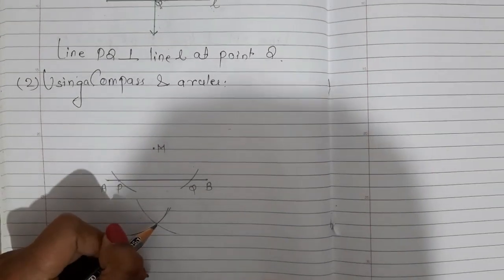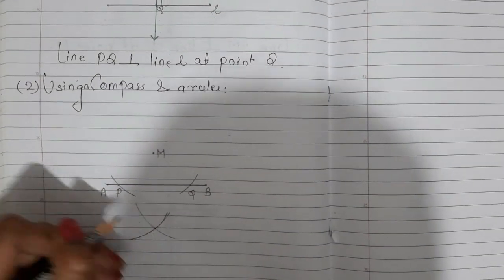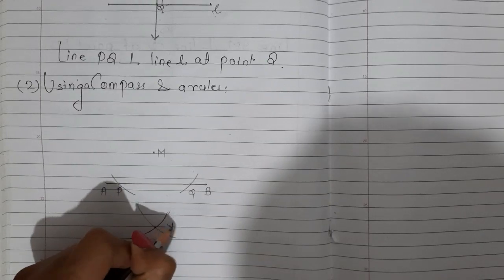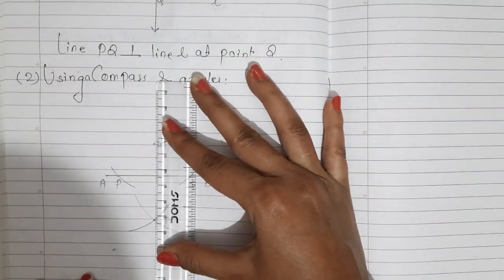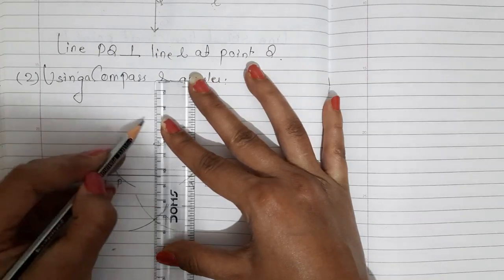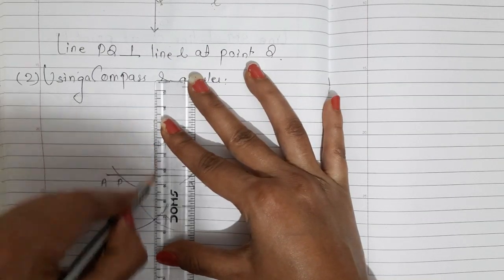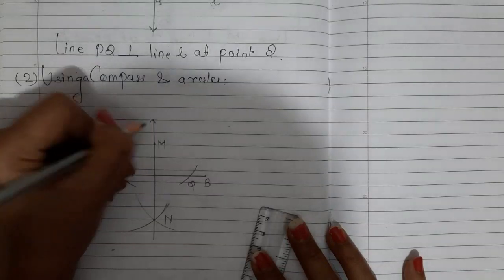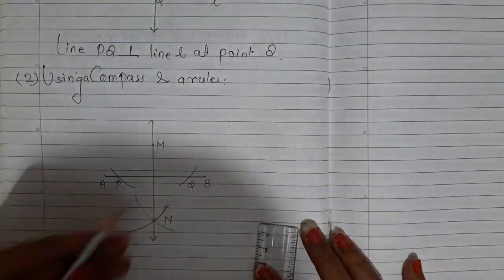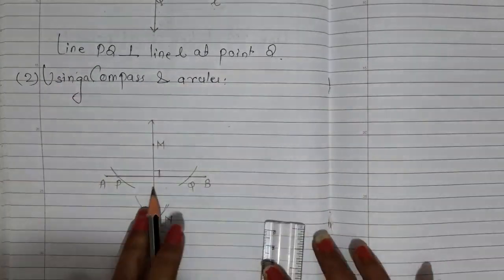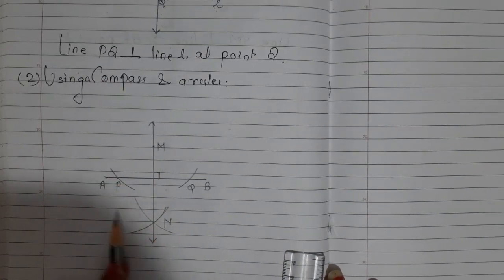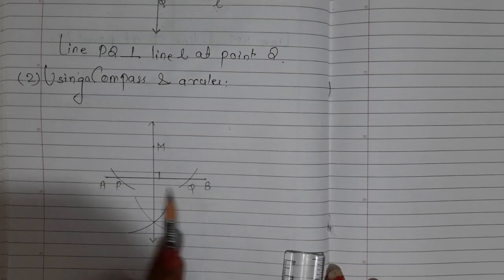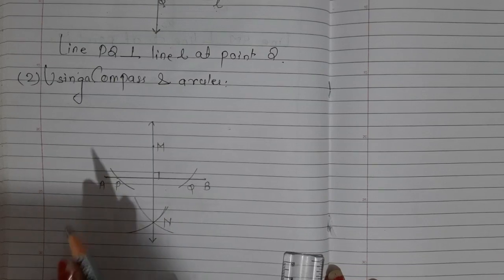I will name this point as N, and then you have to join point M and N. See, again they form an angle of 90 degrees. So line MN is perpendicular to line AB.